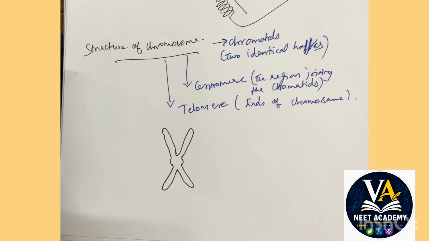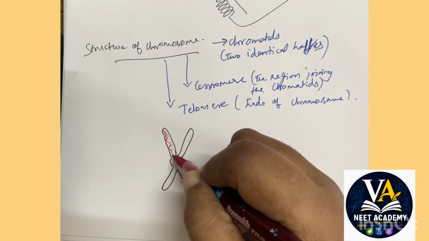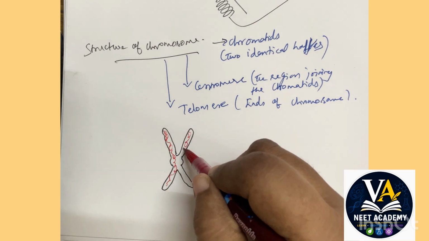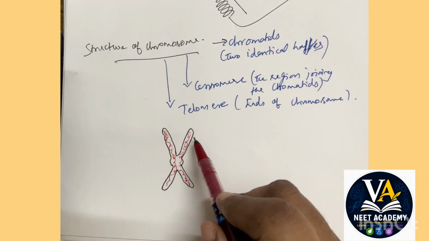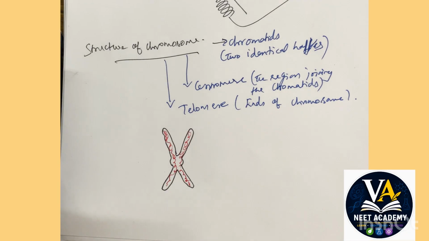So, this is how you can draw the diagram of a chromosome. Inside this you have the chromatin being present or shrunk inside, and this is the thread-like structure, which is the DNA along with the proteins.